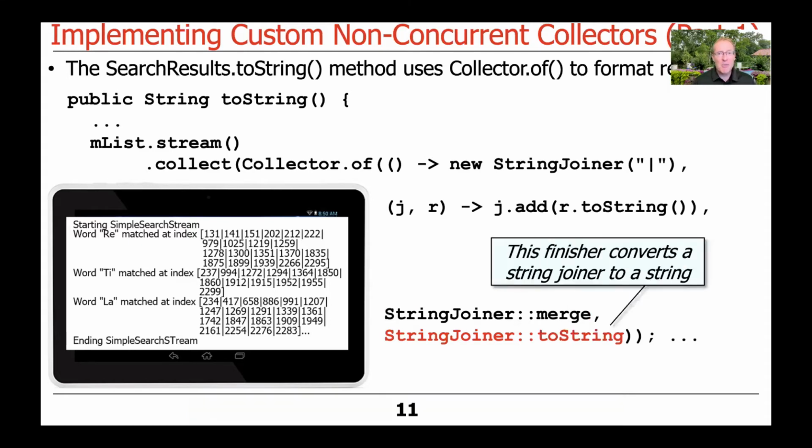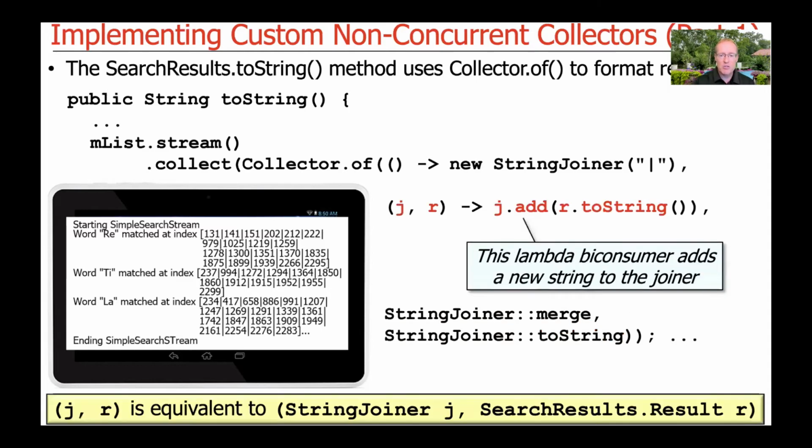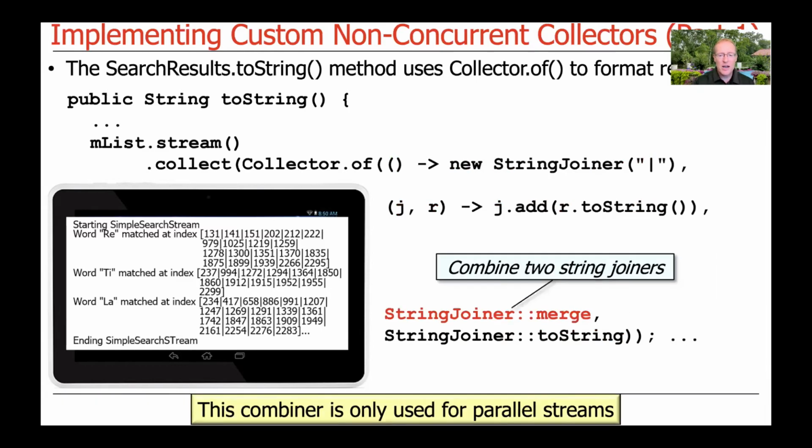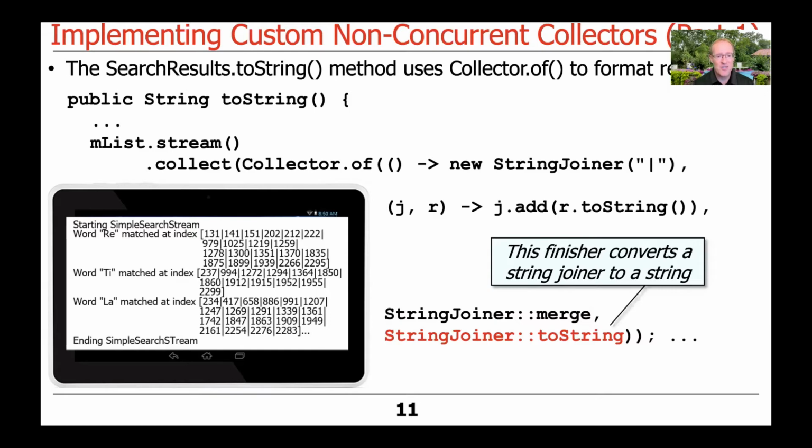And then the final method here is actually not a bad example of using a finisher that's not just the underlying accumulator or mutable result container. In particular, you'll notice that the type of the mutable result container was StringJoiner, but what we want to get back as the result of this is a String, not a StringJoiner.